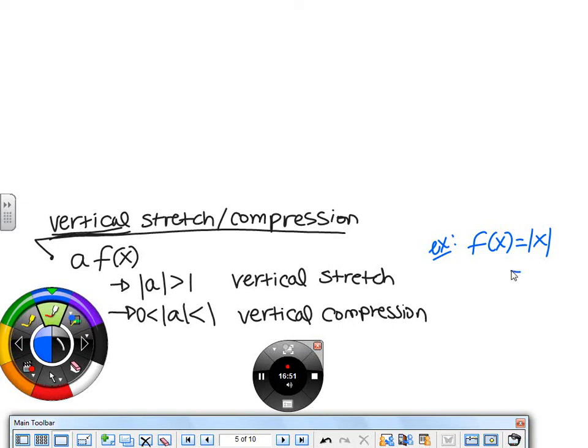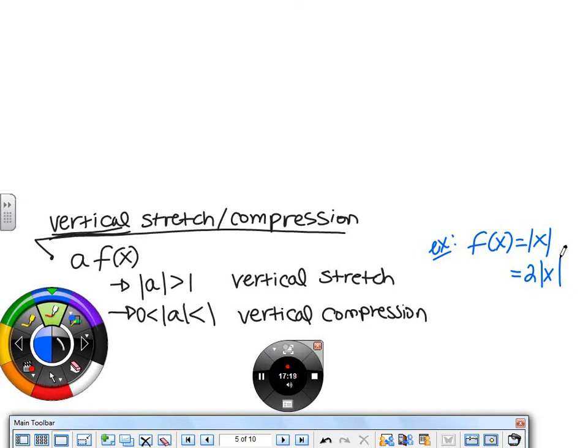What would I change on the right side of the equal sign instead of just having the absolute value of x? What's that? Okay, but what does a have to be? Give me an actual physical number that would represent that. Okay, good. So 2 is an example. If I use 2 there, that represents a stretch of that parent graph. Those lines in that absolute value function are going to be steeper. The V will look narrower.